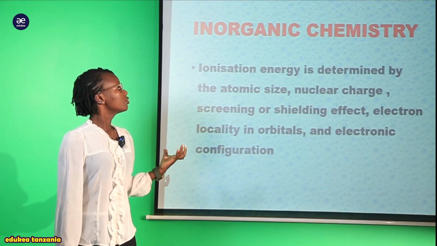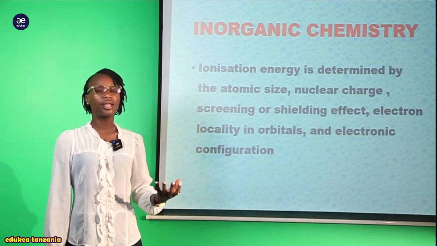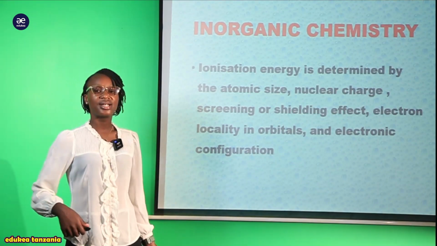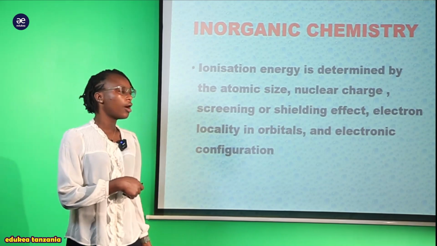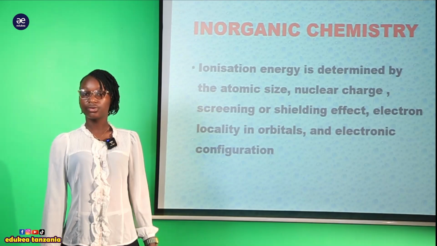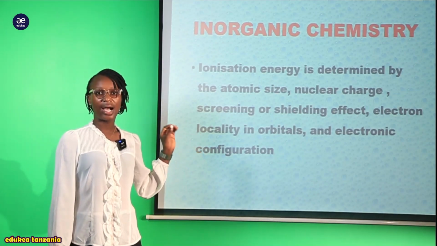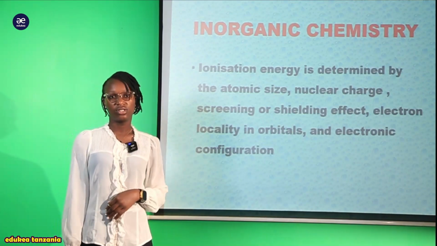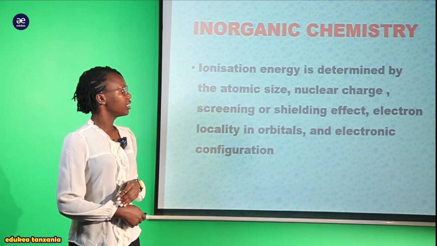Sasa na hapa pia tunapata the new concepts kwamba kwenye ionization energy it is determined by the following factors: there is atomic size, there is the nuclear charge, there is a screening or shielding effect, there is electron locality in orbitals, but also we have the issue of electronic configuration. So my students, we have to discuss one after another about these factors which are useful to determine the ionization energy. And then we will proceed in the next session.